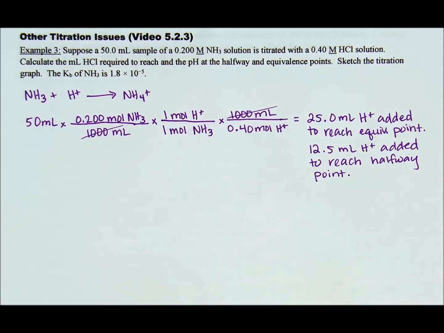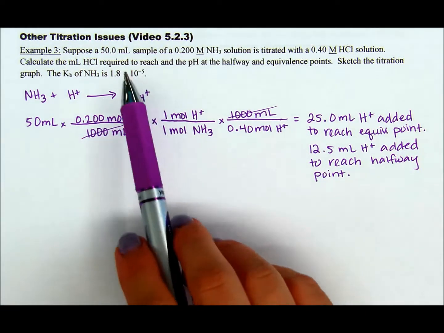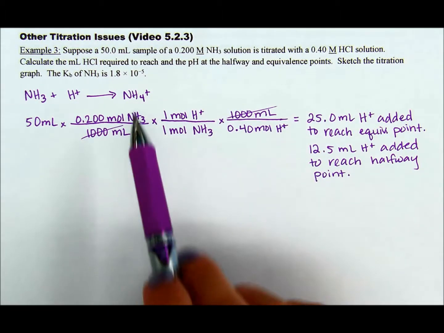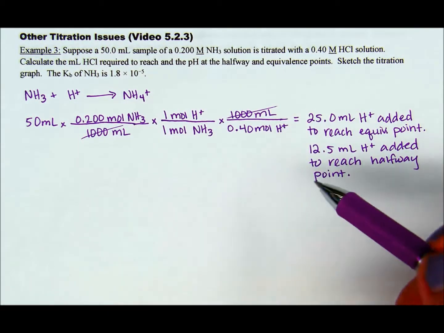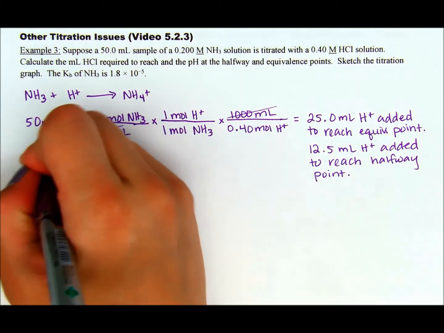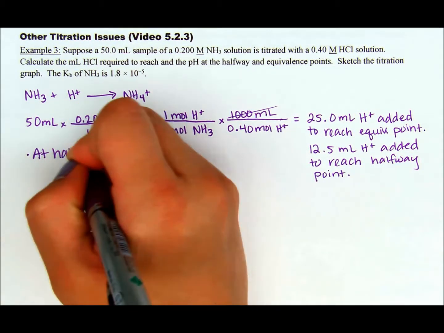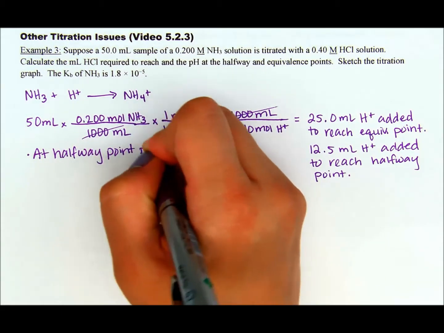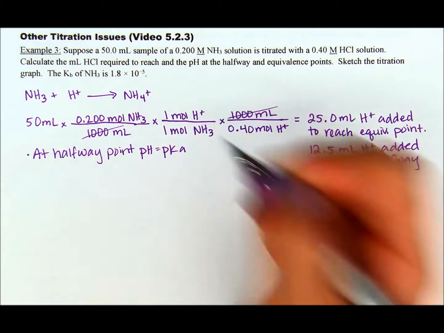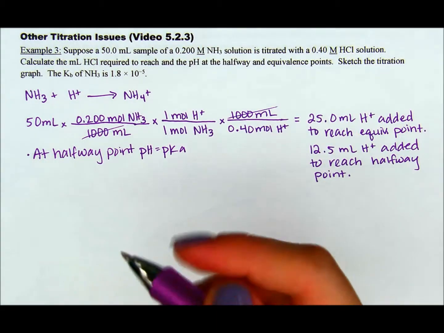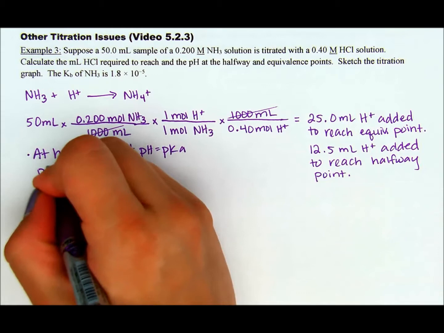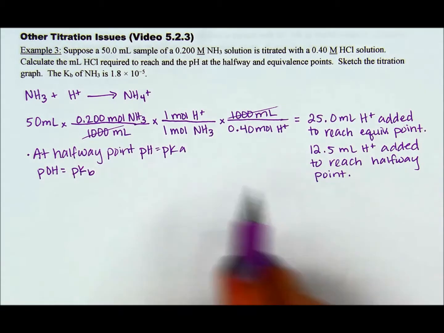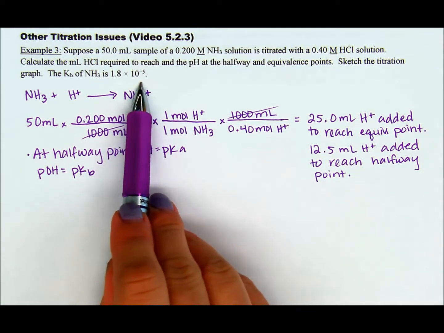All right. It's telling us how many mL of HCl is required to reach the halfway point. Okay, check, we've done that. And what's the pH at the halfway point? Well, at the halfway point, we know the pH equals the pKa. And so our pOH is going to equal our pKb, because we have our Kb, we don't have our Ka here.